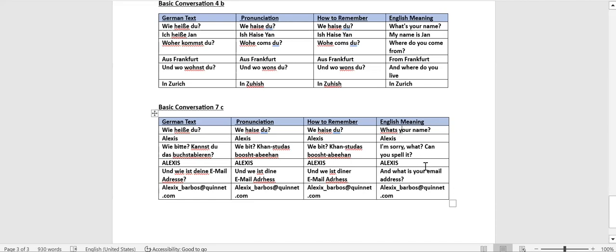It means, what's your name? It is pronounced as Wie heißt du? Means, what's your name? How to remember it? Wie heißt du? Look at this. Alexis. Alexis is pronounced as Alexis in German, so we are not getting into too much detail there.